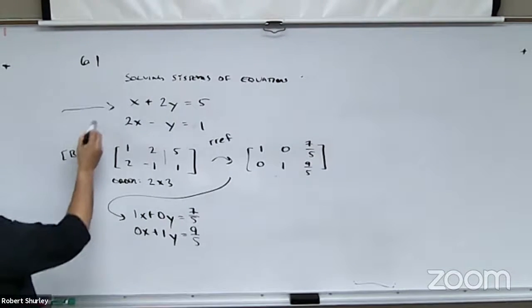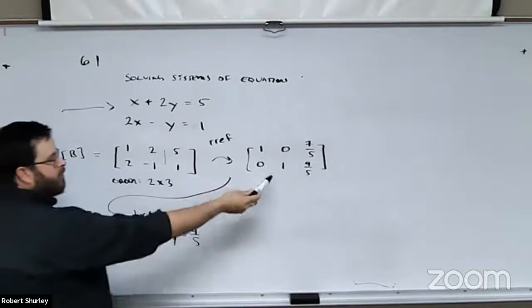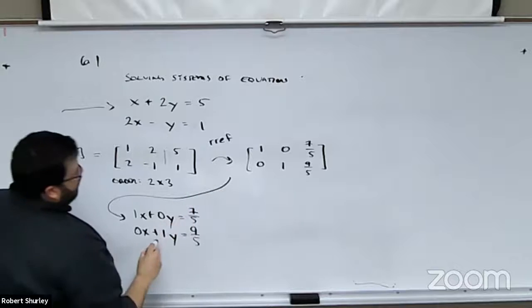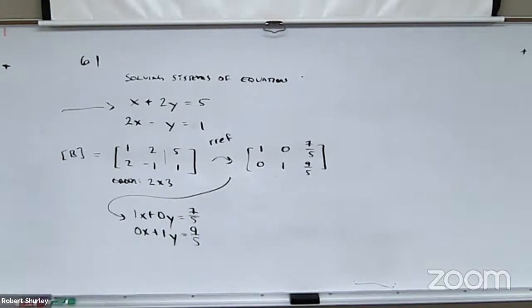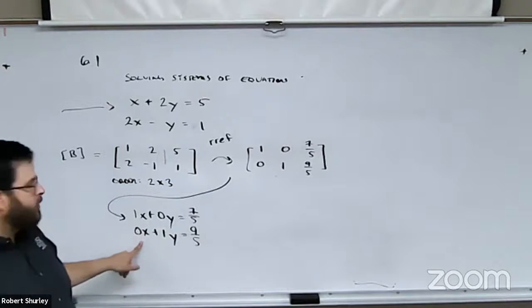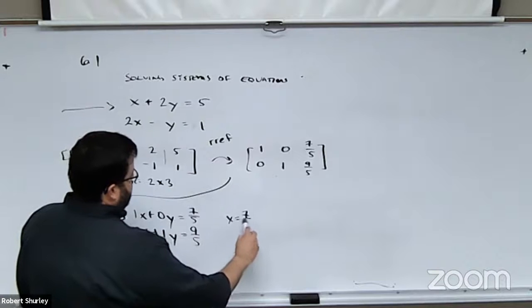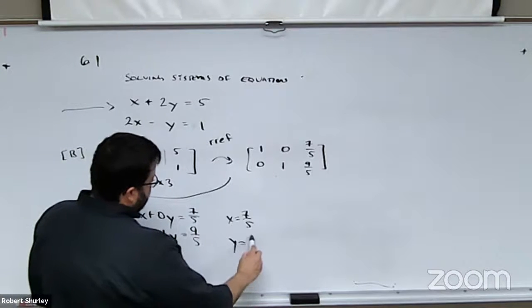We put it into the matrix form, we did some math on it, the calculator did all the math, we didn't have to, and then it pops out the back in equation form, but we know we don't have to write 0y or 0x here. So this just becomes x equals 7/5 and y equals 9/5.